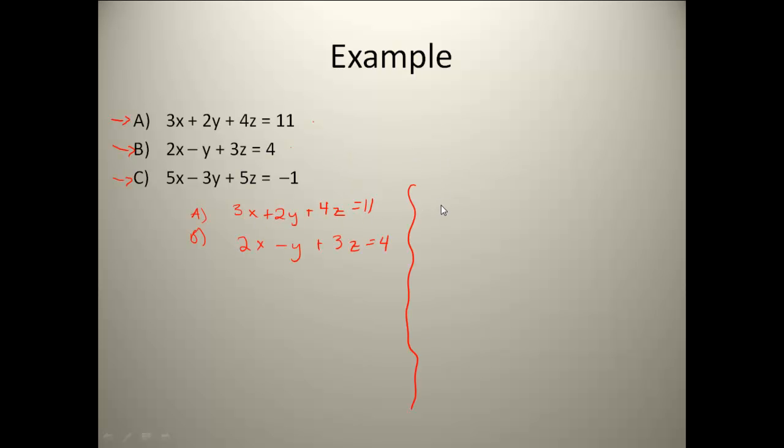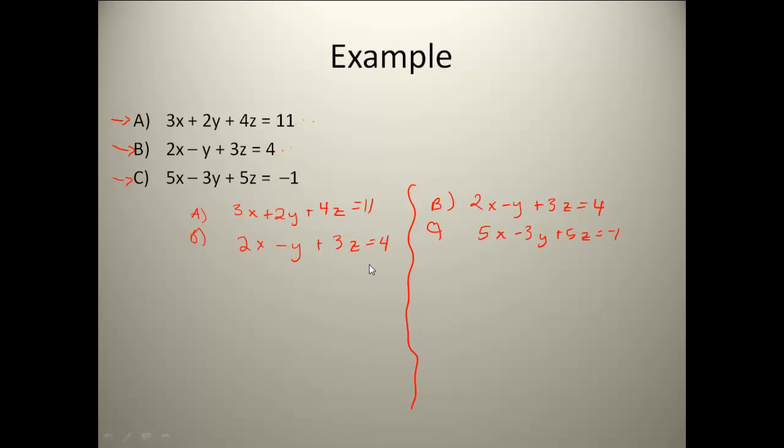Now at the same time, I'm going to set up a second mini system on the other side of my line here, and it cannot be A and B because I've already used A and B together. You can pick A and C, or you can pick B and C. I'm going to pick B and C. It doesn't actually matter which ones you pick. So set up your second mini system on the other side of this line here. This is just to help us keep our work organized.